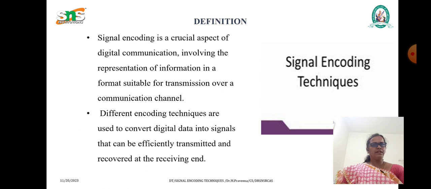Signal encoding helps in the transmission of data from one place to another. There are various encoding techniques used to convert digital data into signals that can be efficiently transmitted and recovered at the receiving end.